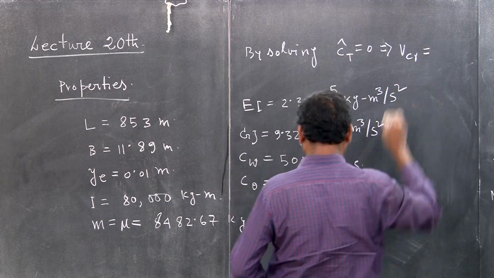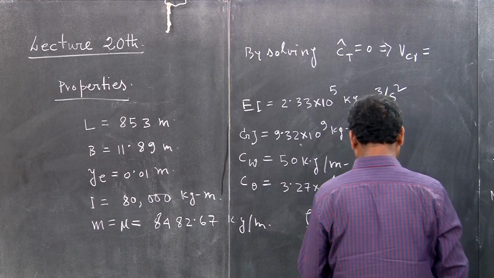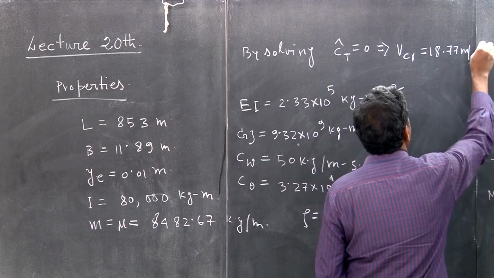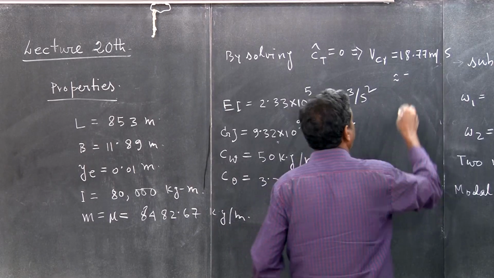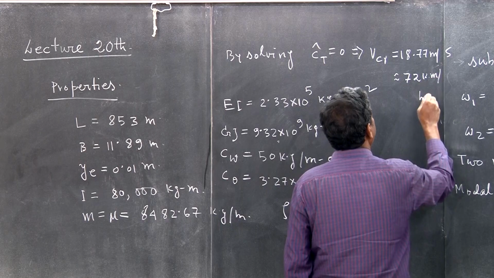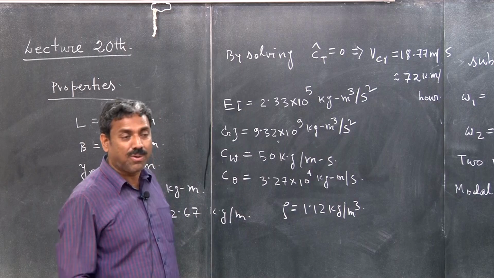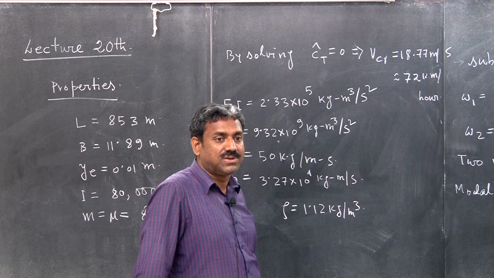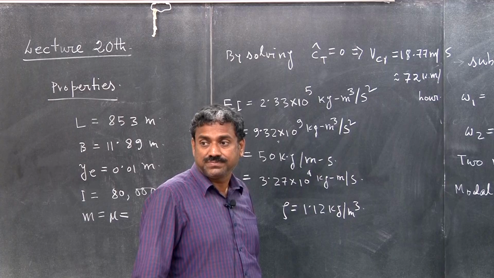That critical velocity I am just mentioning to you will be 18.77 meters per second, around 72 kilometers per hour. So when the wind speed is greater than 72 kilometers per hour, it will trigger flutter, an unbounded response, because of the negative damping. Clear?